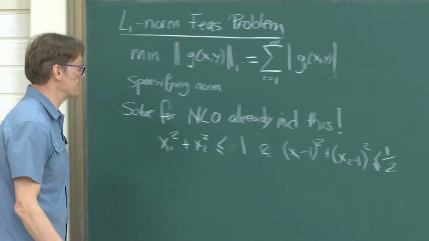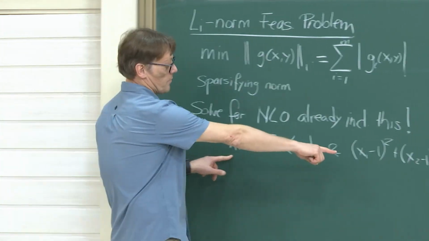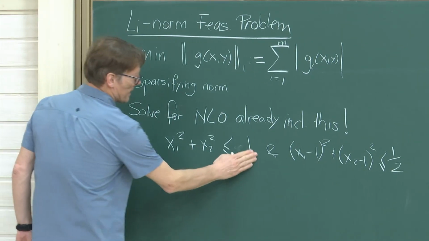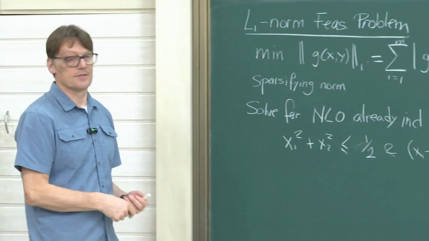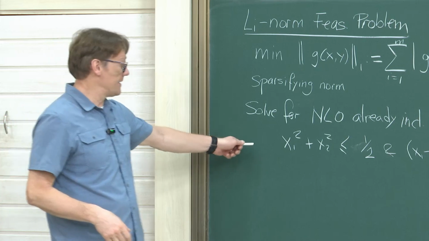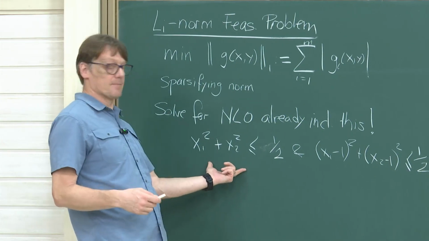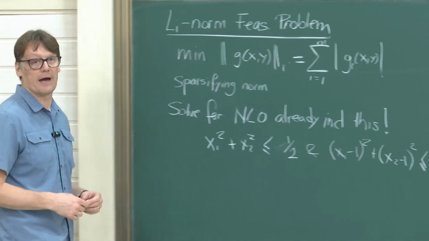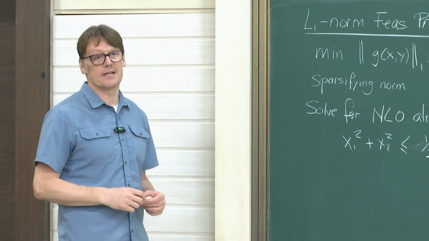So you're looking for the intersection of two circles, one around the origin and one around the point (1, 1), but the radius is just not big enough. We can make this a half as well, for example. Set this up in AMPL, and depending on the solver, it will either identify this one as feasible and this one as infeasible, or the other way around, or it might tell you both are infeasible. That depends on the nonlinear solver that you're using.